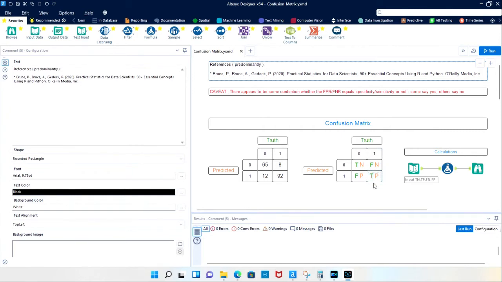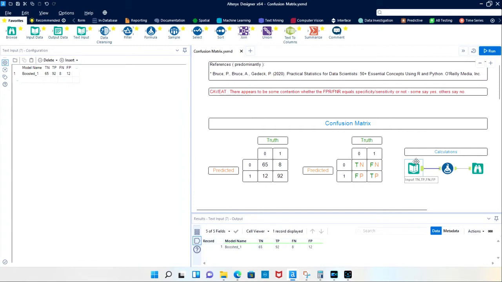And then similar for the other diagonal, we predicted a 0 but it was actually a 1, so it's a false negative. And then here we predicted a 1 but it was actually a 0, so it's a false positive. And then just here on the right hand side, a quick area for some manual calculation of some of these metrics.